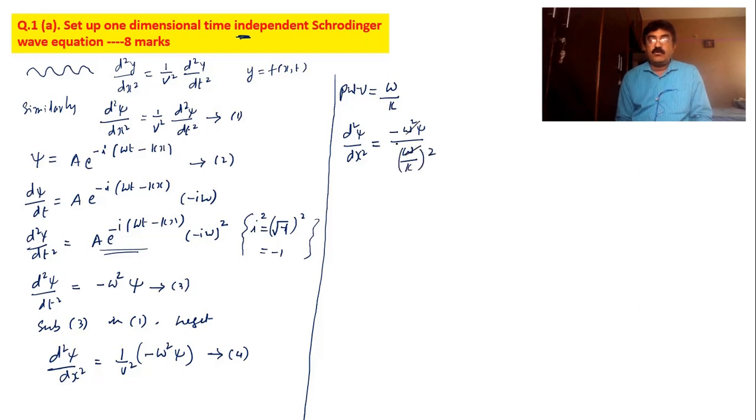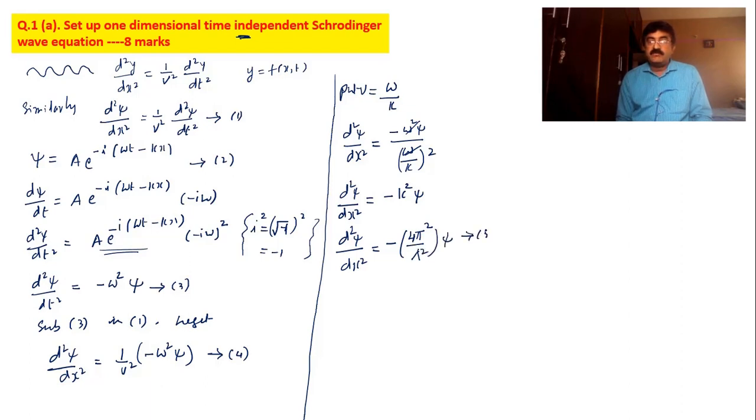Cancel omega and omega, and this becomes d square psi by dx square is equal to minus k square into psi. K is 2 pi by lambda, so when I take the square, it becomes d square psi by dx square is equal to minus 4 pi square by lambda square into psi.